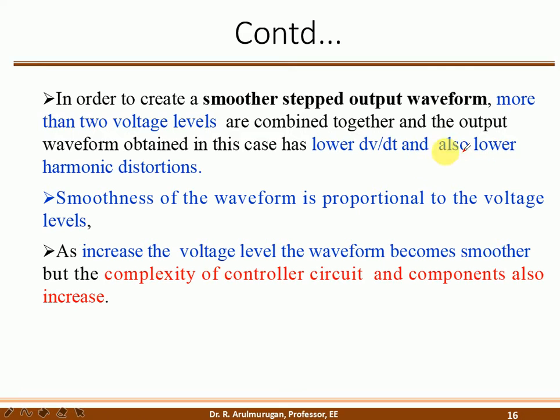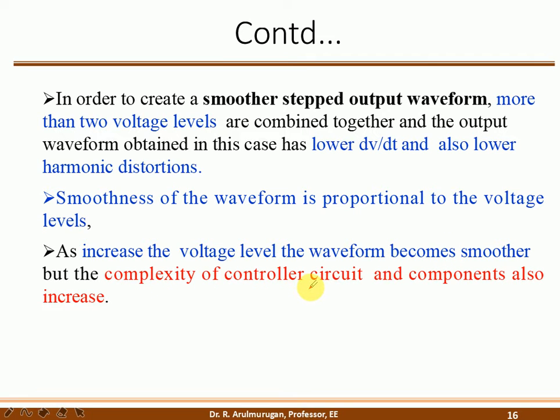So the harmonics content reduces. The smoothness of the waveform is proportional to the voltage level. If the voltage level is high, the sinusoidal waveform becomes smoother. But there is the complexity of the controller circuits.